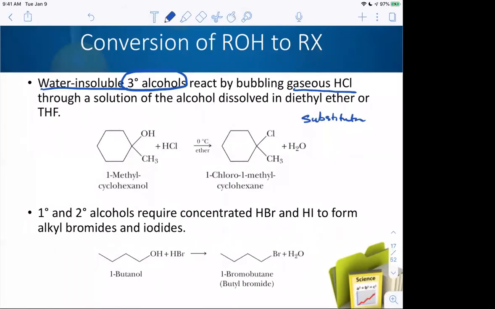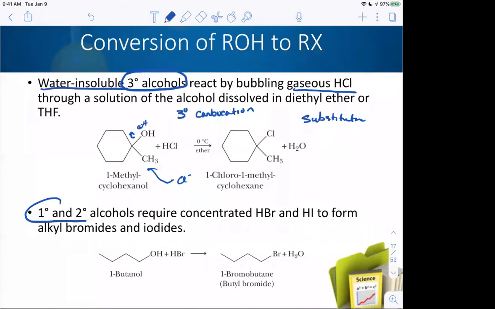This will also go through my tertiary carbocation. First I have protonation, then I have loss of leaving group, and then the Cl minus is going to come in and react with the carbocation. Again, this is review, basically. We've talked about this in chapter 7.